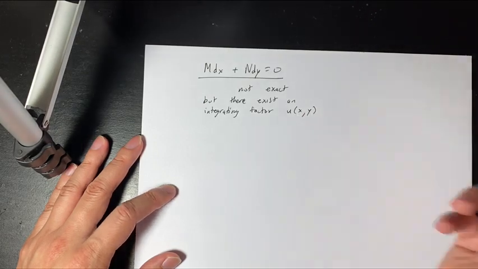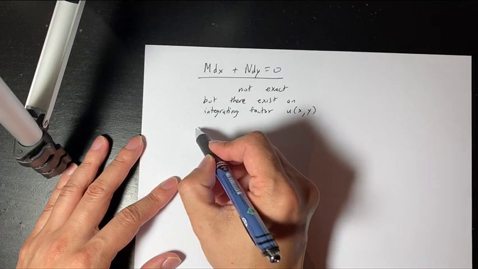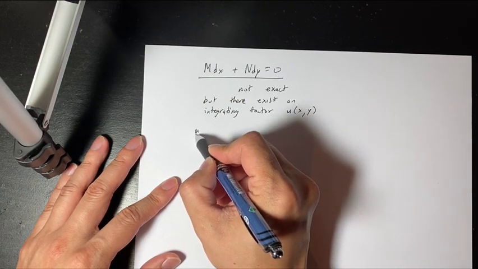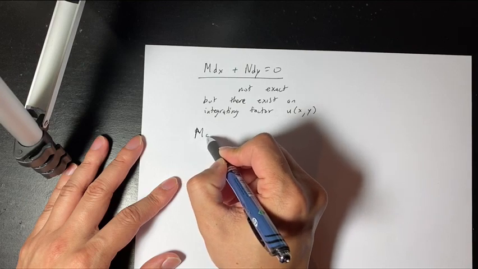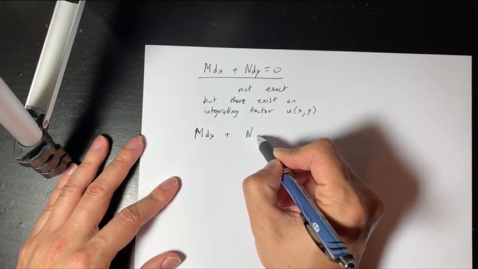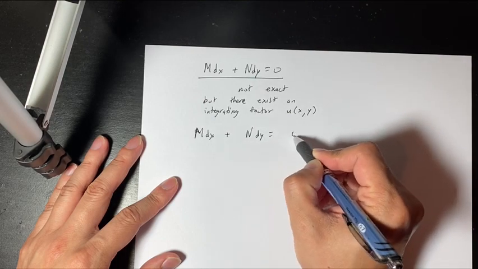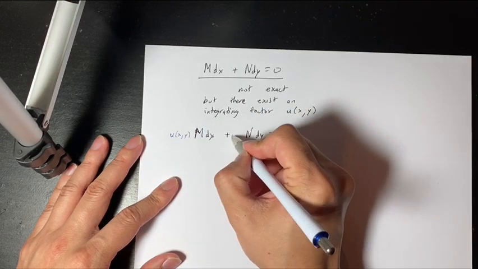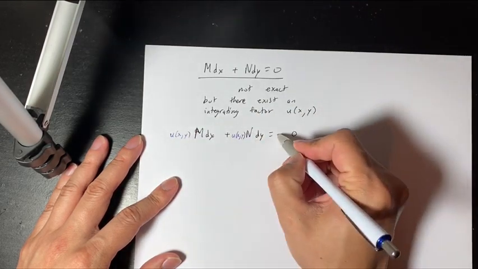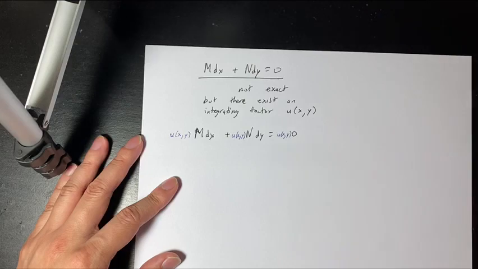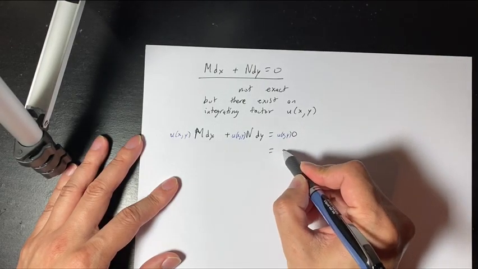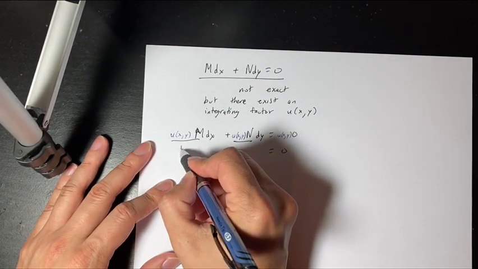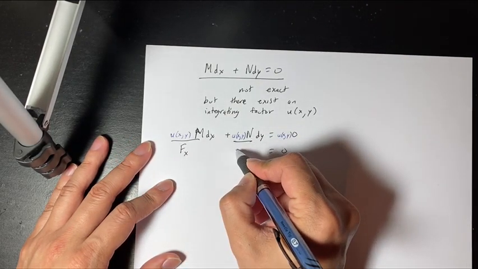It could be in terms of both x and y, such that if you multiply both the left and right side, so let me write that in blue, if I multiply by u of x, y, it will now be exact. So this here is exact, this here is your M, and now this is your N.